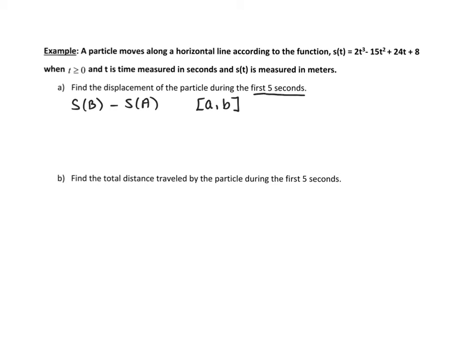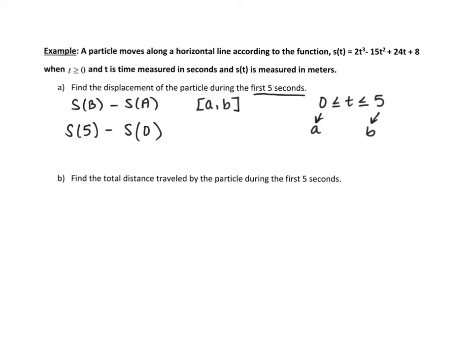So the first 5 seconds means 0 to 5. So 0 is my A value and 5 is my B value. So S of 5 minus S of 0 will calculate our displacement.